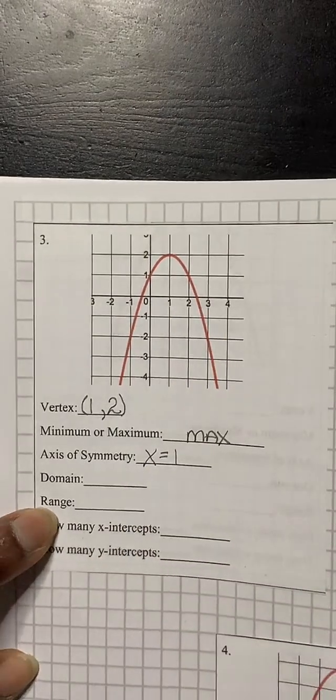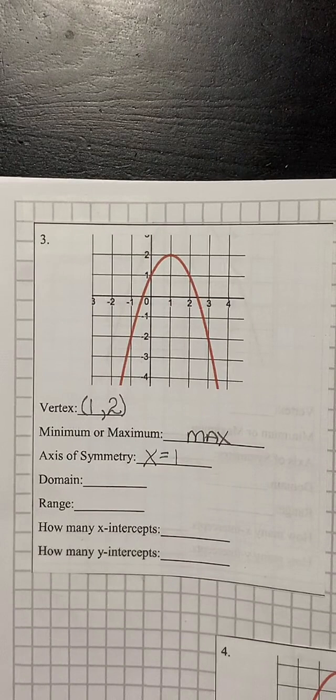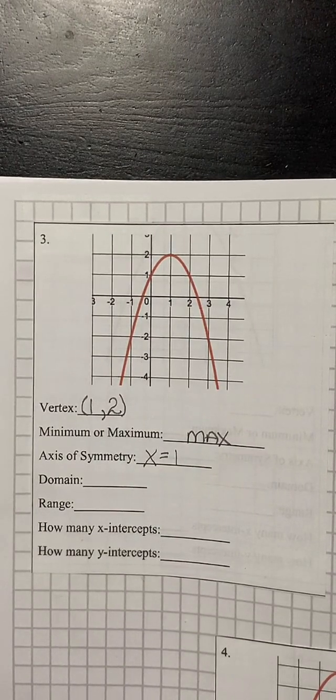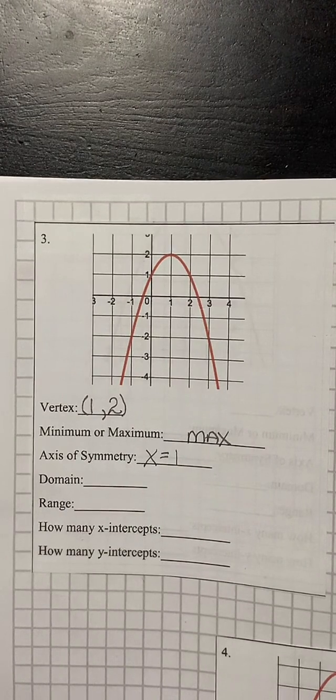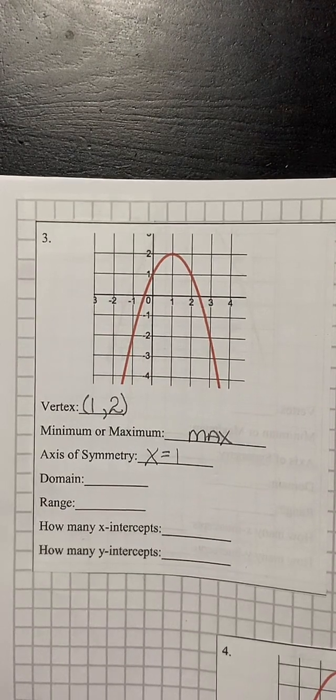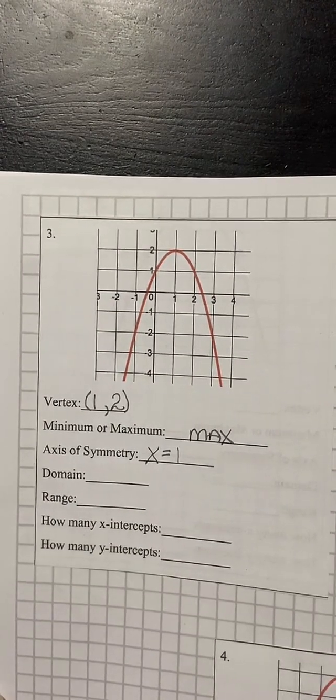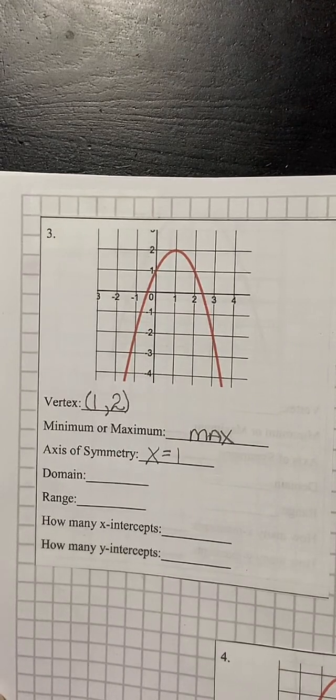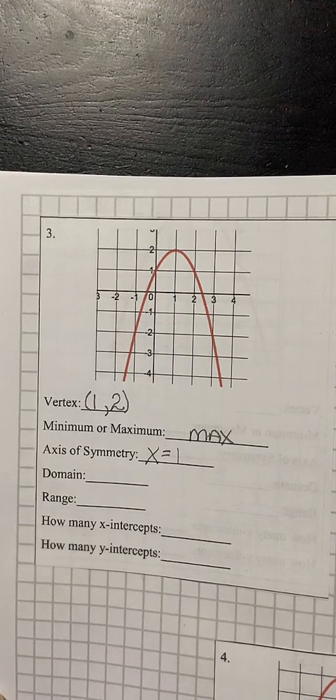Yes. So x equals 1. Good. Wait, so if it opens down, it's always a maximum? Yep. Opens up, it's always a minimum. There you go. So the axis of symmetry. Whoa, hold on, wait a second. Who did this? I think it's Luciano.